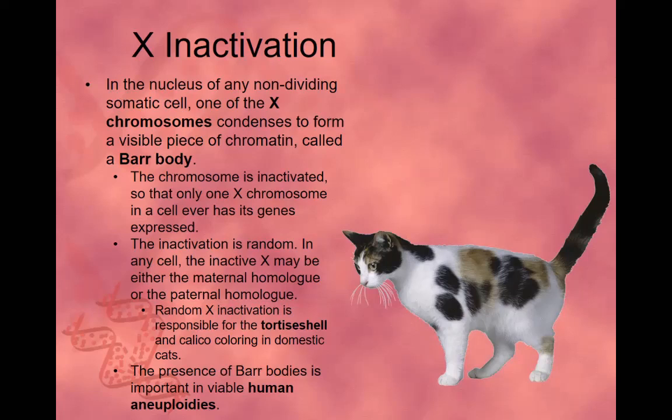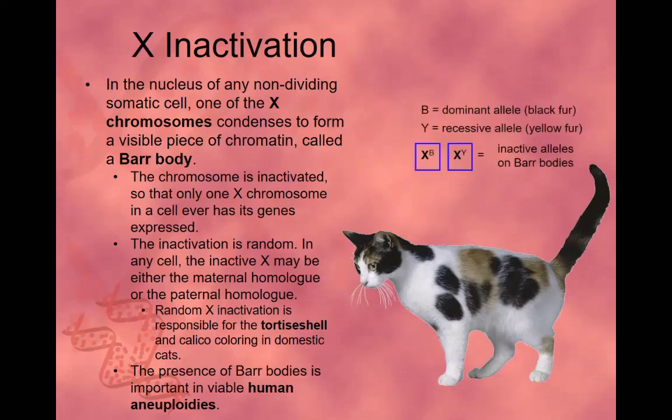Remember, those are those mutations that are caused by a non-disjunction during meiosis 1 or meiosis 2. Now, in this cat, we have the tortoiseshell patterning because we have black and yellow as two different fur colors. Black is the dominant allele and yellow is the recessive allele.